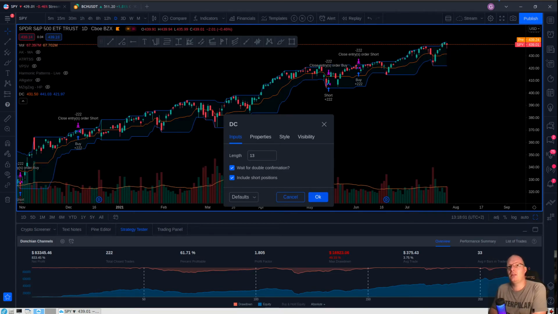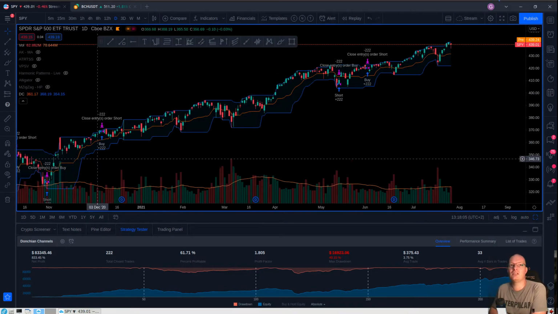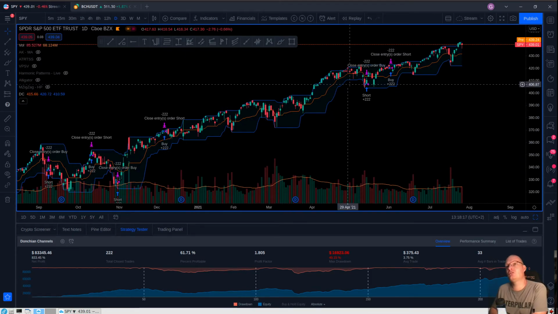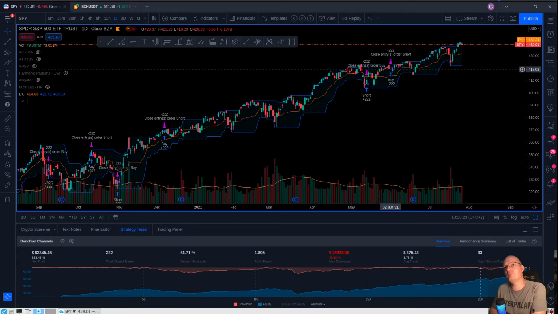And if we wait for the double confirmation, then look what happens here in this uptrend since October last year. So we get the buy signal over here, and it keeps you in the trend until here. You would have been stopped out here. Then we get a buy signal over here.